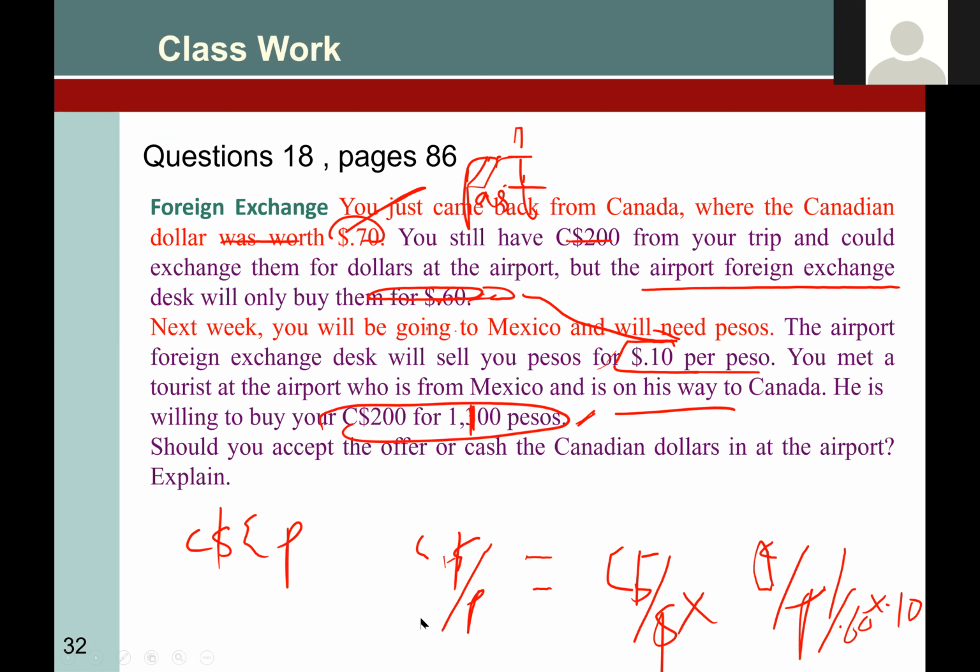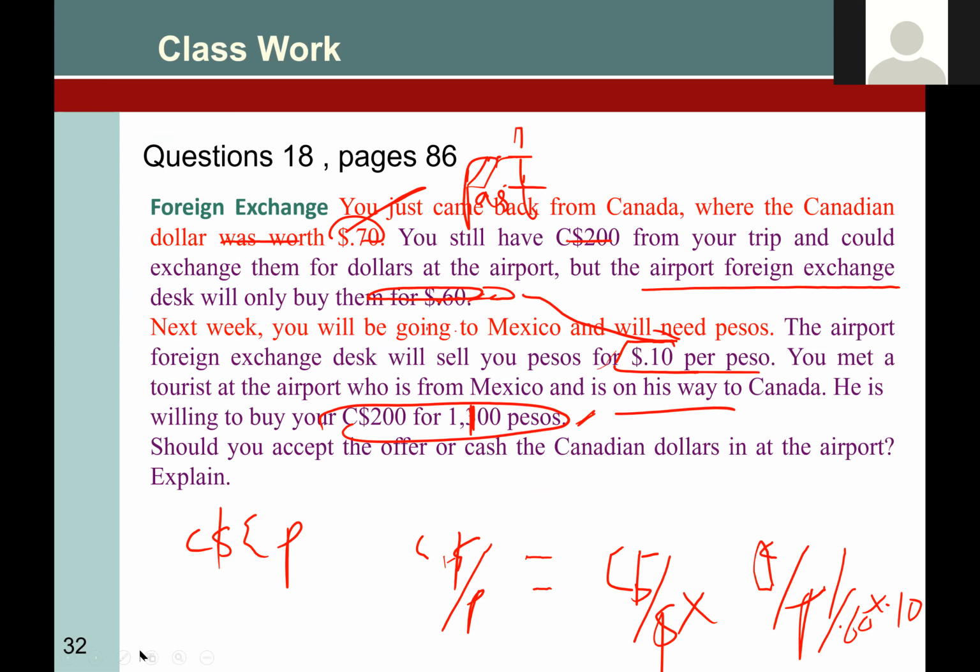Canadian dollar over peso, so 0.1 divided by 0.16666 something, right? And now when you convert your $200, so $200 divided by 0.116, the answer would be close to 1200 something, right?